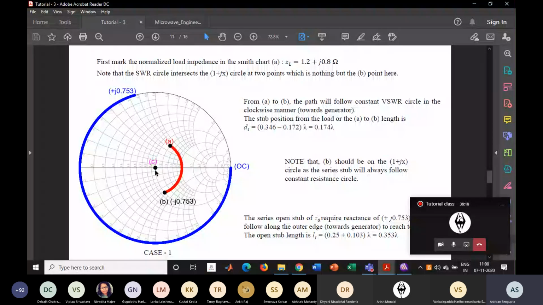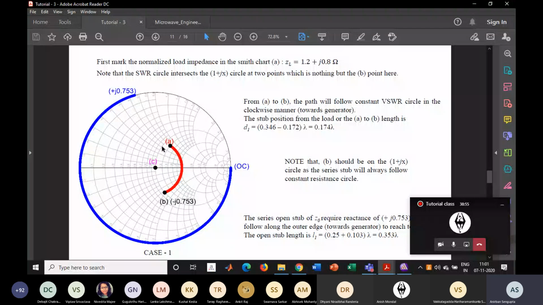If you draw an SWR circle, you will find that the circle intersects the 1 plus j0 line, that is, R equals 1, and the reactance part will change. So it will intersect this 1 plus jx line in 2 points. First point is B, and the second point I will show later.